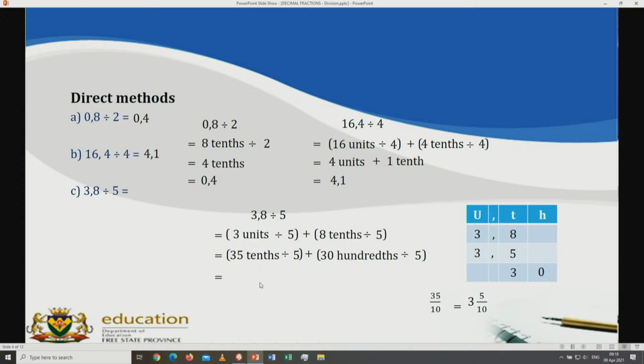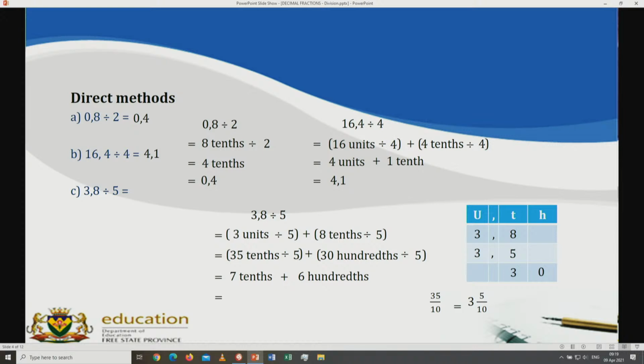Right. Now 35 tenths divided by 5. 5 into 35 goes how many times? 7 tenths. And then we add 5 into 30 hundredths, which will be 6 hundredths.